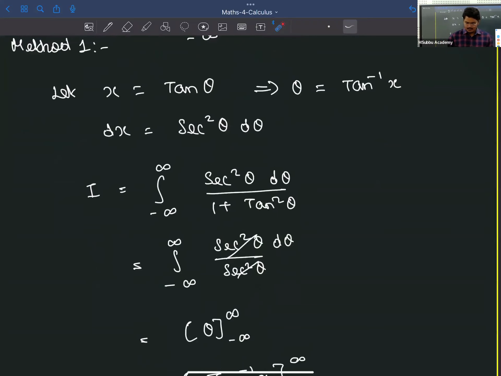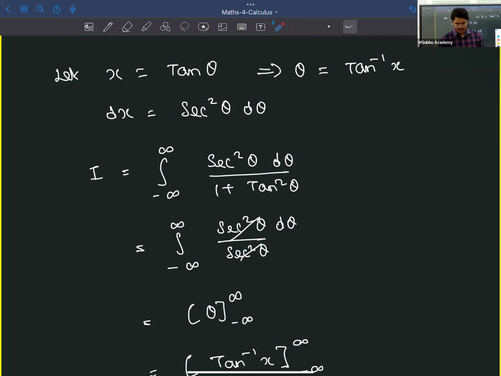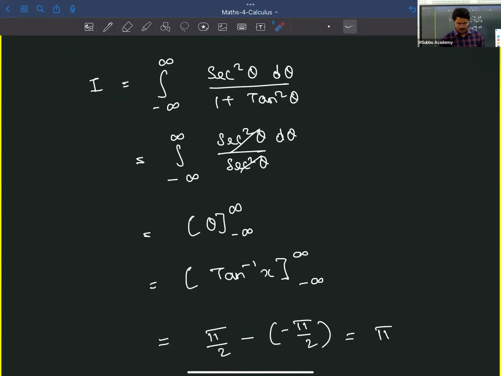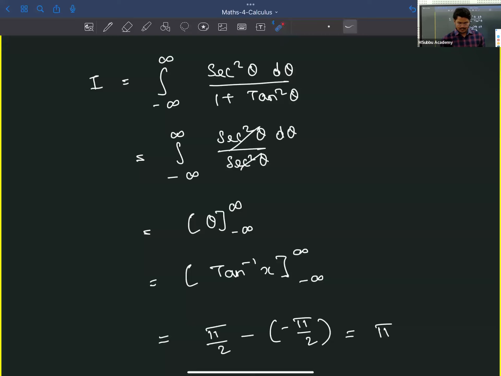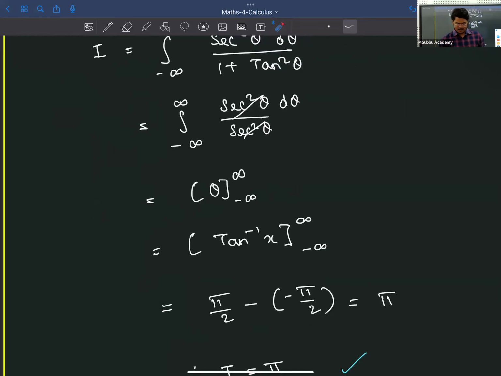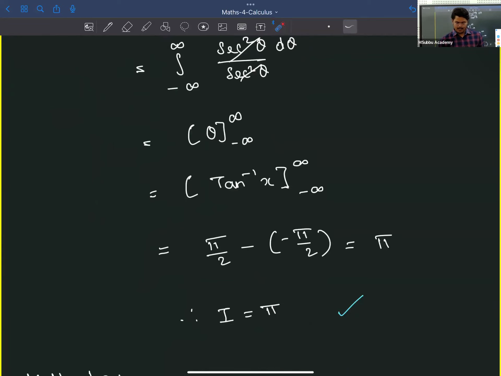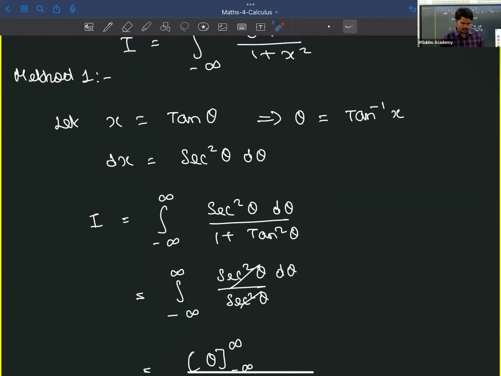So secant square theta into d theta by 1 plus tan square theta. 1 plus tan square theta is nothing but secant square theta, so secant square theta gets cancelled out. So the integral of d theta from minus infinity to infinity, and theta is nothing but tan inverse x, which we have replaced. So tan inverse x, substitute infinity and minus infinity. Tan inverse infinity is pi by 2, tan inverse minus infinity is minus pi by 2. So pi by 2 plus pi by 2 will give pi. So this is another method.